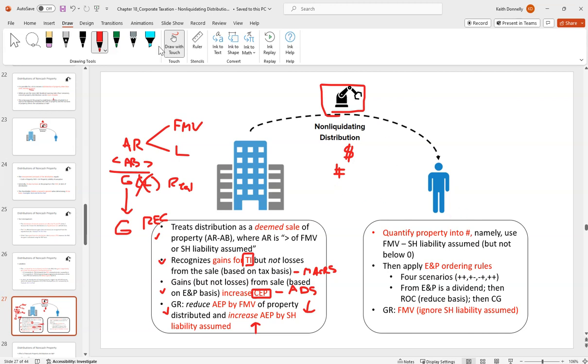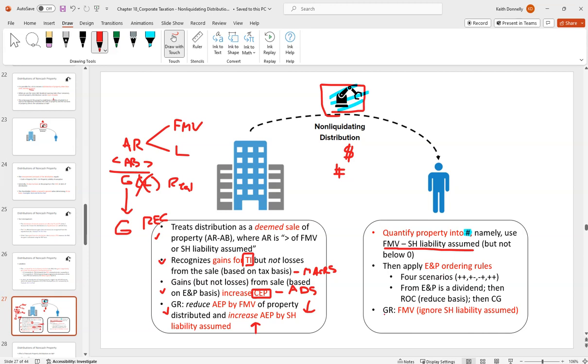Accordingly, what we need to do is take this property and give it a number. Normally it's going to be the fair market value minus any liability the shareholder assumes. So if there's no liability in play, it's just the fair market value. Once we get that number, we apply the E&P ordering rules to tell us what's the dividend, what's a return on capital, what is a capital gain.